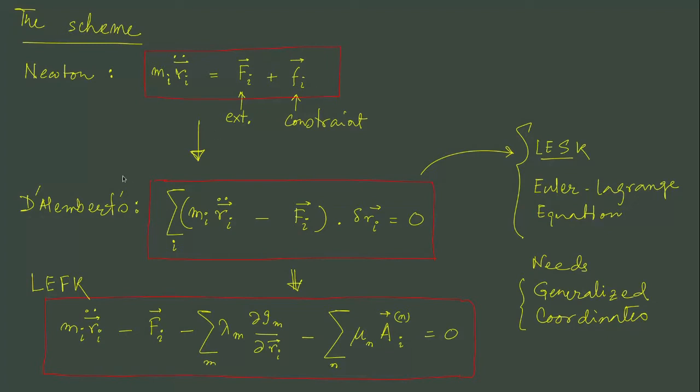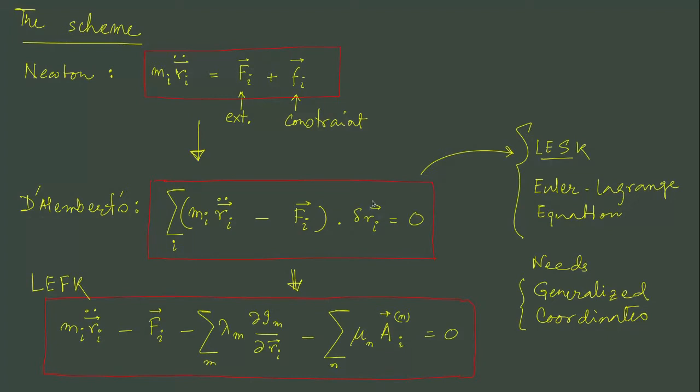So a better alternative was D'Alembert's principle, where we do not need the constraint force directly, but we need the knowledge of constraint from which we create the virtual displacements for the ith particle.